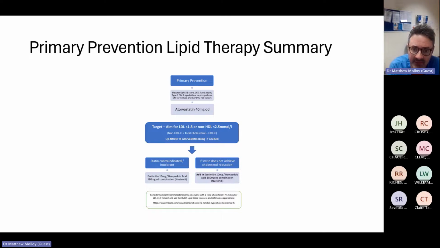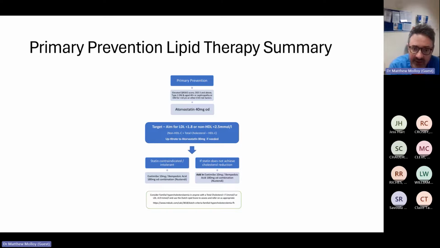So now the LDL target is less than 1.8, or the non-HDL target is less than 2.5 millimoles per litre, and the non-HDL cholesterol is the total cholesterol minus the HDL cholesterol. If we don't achieve these targets, then we increase the atorvastatin to 80 milligrams.